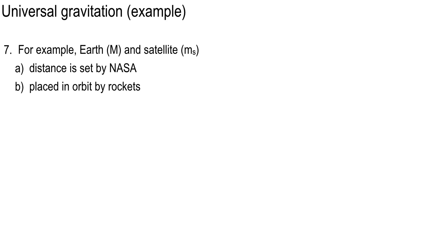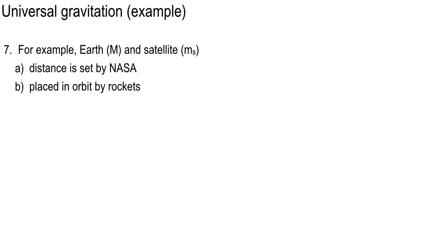All right, let's take a look at an example. Let's take a look at a gravitational system of Earth, capital M, and a satellite, little m subscript s. Let's say that NASA wants to put it at a certain distance above the Earth on its orbit.